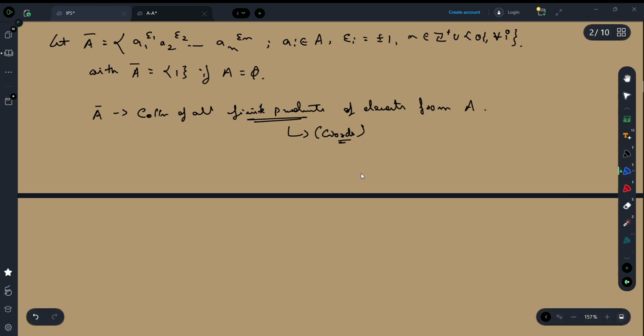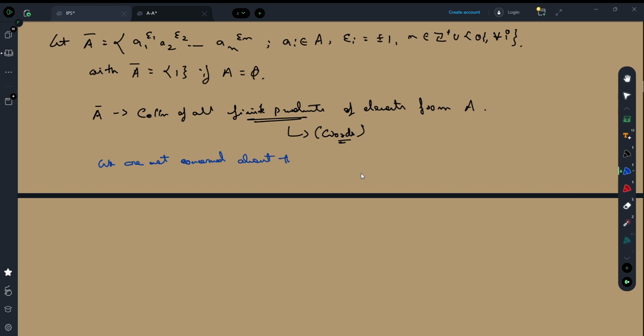Now, one more thing, we are also not assured whether each of these ai's are distinct or not, and to be precise, we don't need that notion as well. We are not concerned about whether each ai is distinct or not.